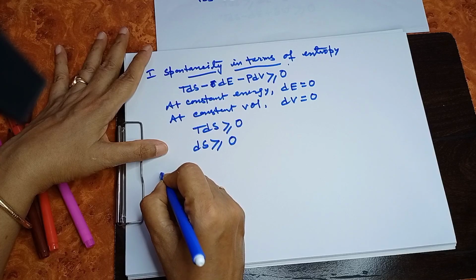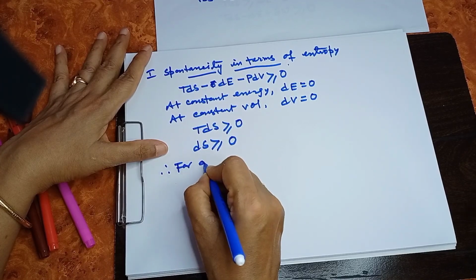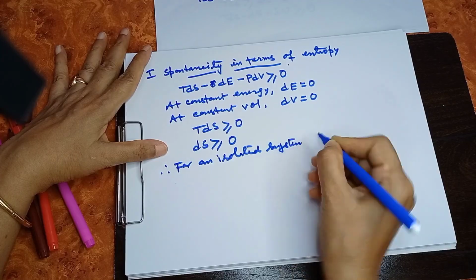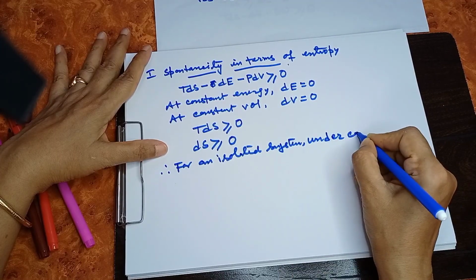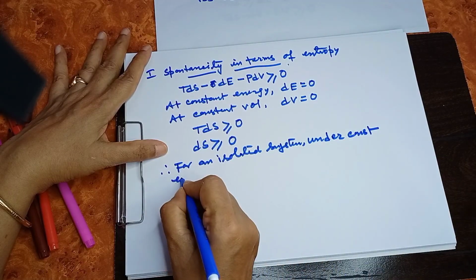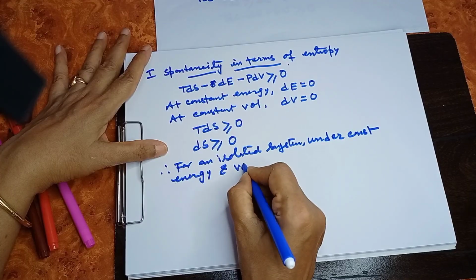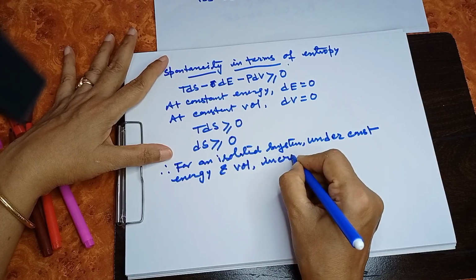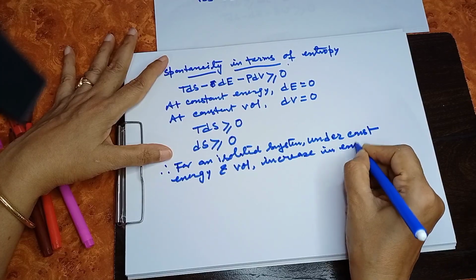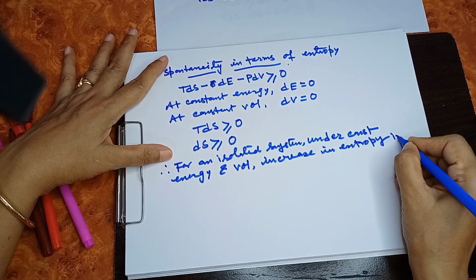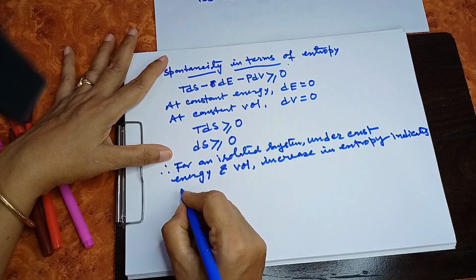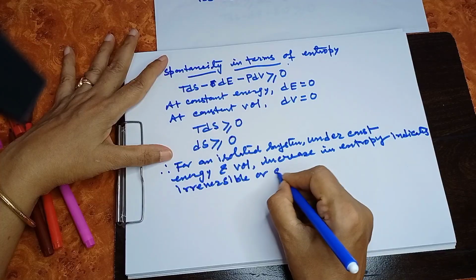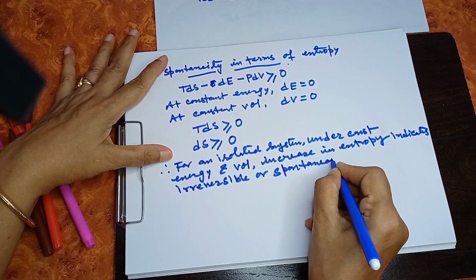So what can we conclude? For an isolated system under constant energy and volume, an increase in entropy indicates an irreversible or spontaneous process.